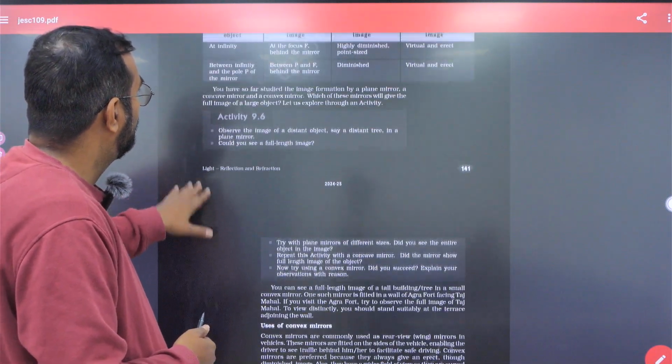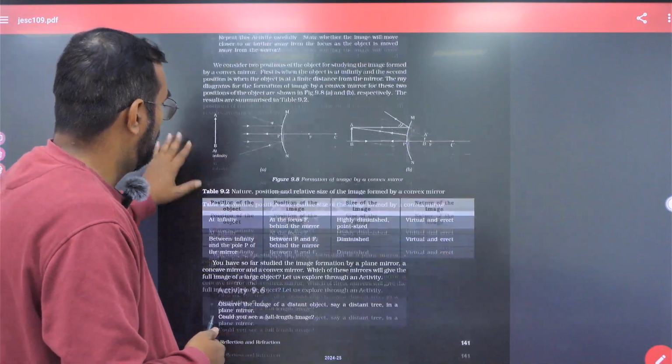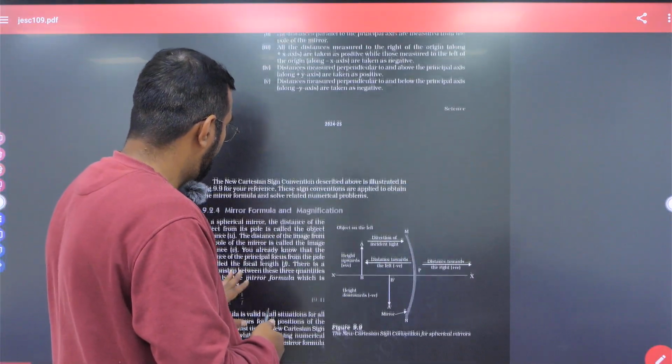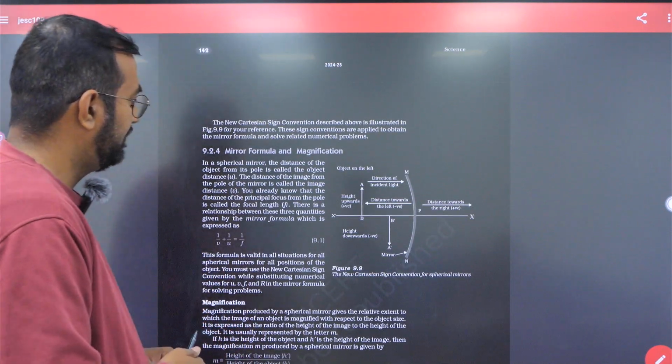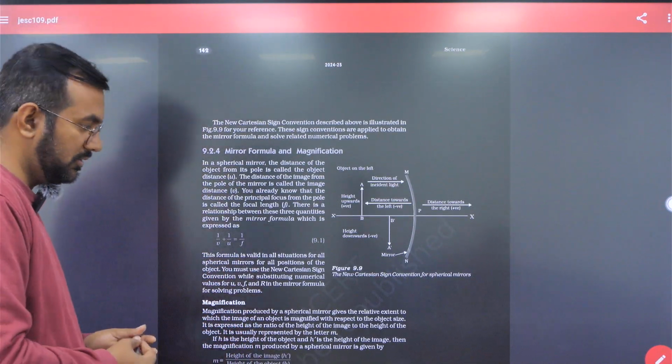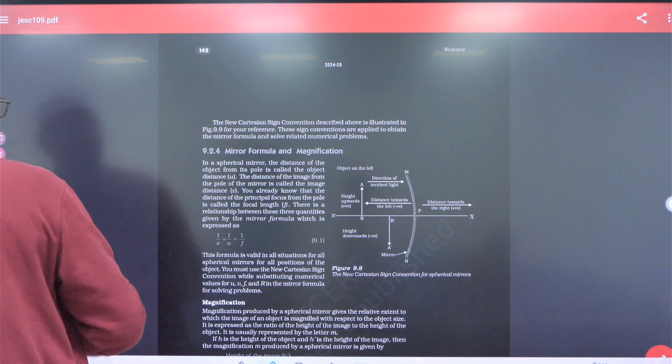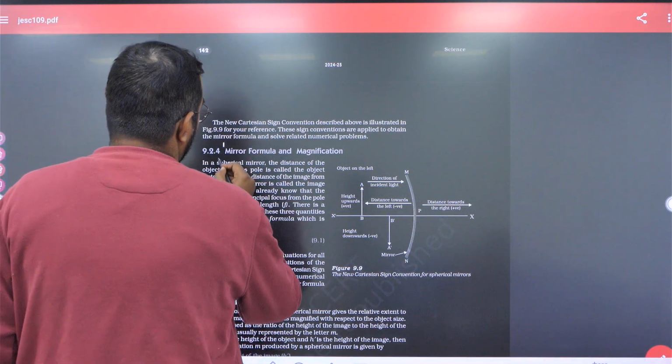Okay, so we will discuss the mirror formula. First of all we will know about the mirror formula and the magnification related to the mirror. So what is the mirror formula?